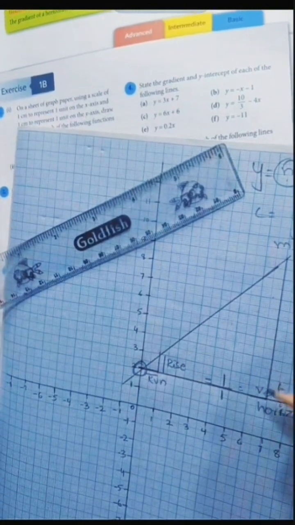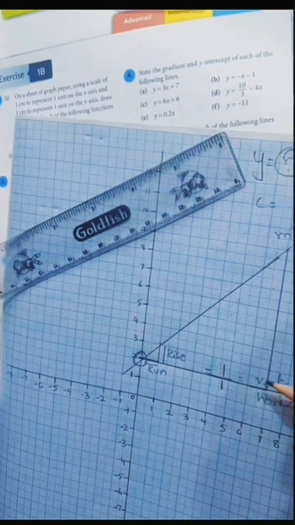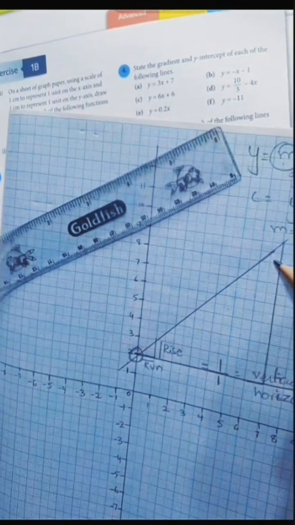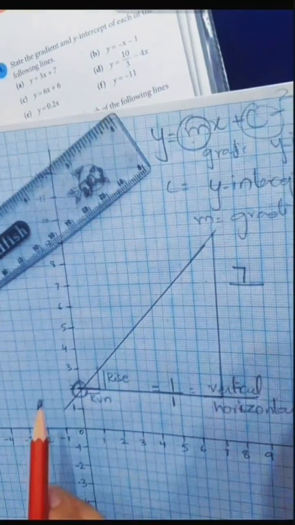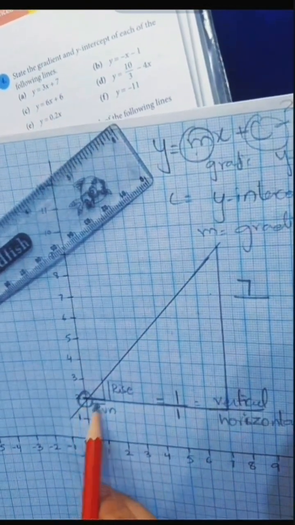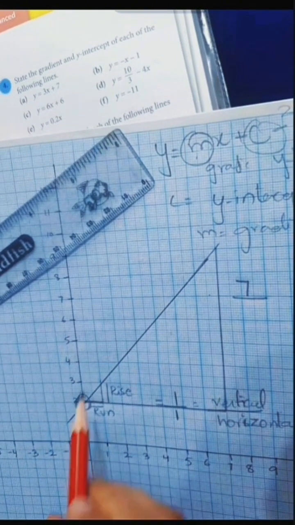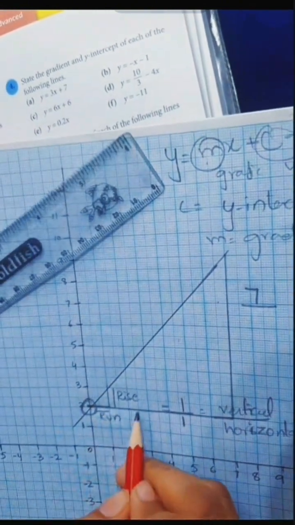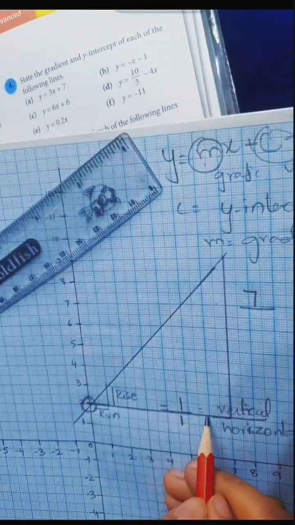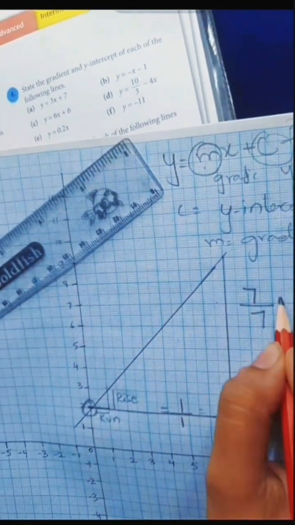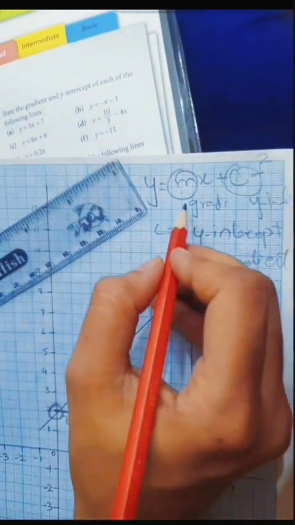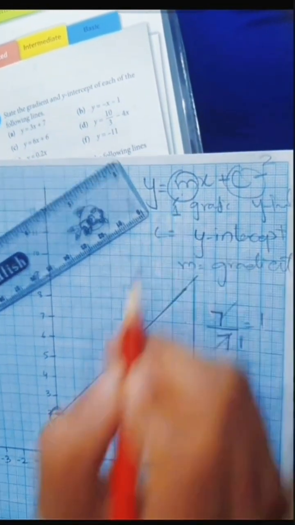I'm starting with over here 1, 2, 3, 4, 5, 6, 7 is rise, and now we are counting run. Run is 1 unit from the line of the y-axis. It is 1 unit, 2 unit, 3 unit, 4 units, 5 units, 6, 7. 7 upon 7, its answer is also 1. So our gradient is 1 in this line.